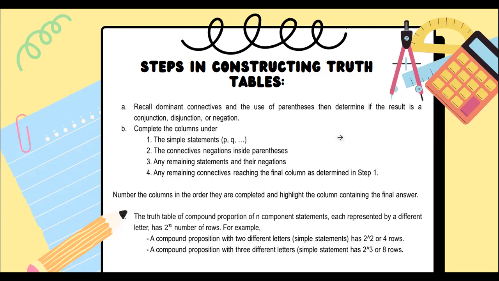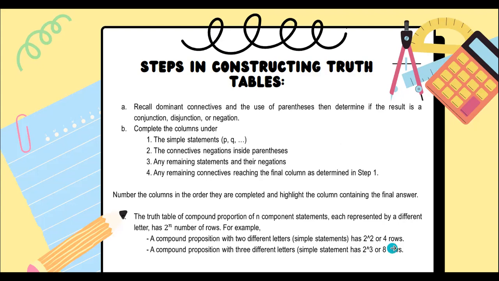So the truth table of a compound proposition of n component statements, each represented by a different letter, has 2 raised to n number of rows. For example, a compound proposition with 2 different letters or 2 propositions has 2 raised to 2 or 4 rows, 4 possible combinations. Okay?